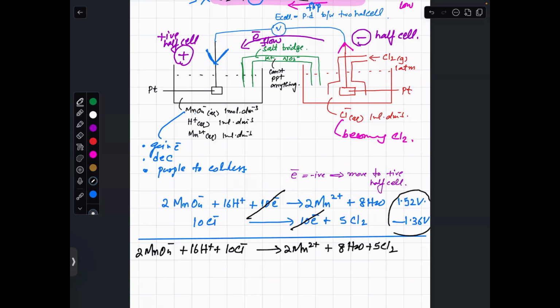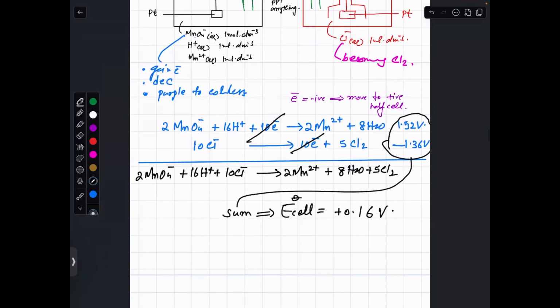And if I take the sum, how much is the E cell? It is 1.52 minus 1.36, which is 0.16. So it is plus 0.16 V, the potential difference of the two half cells.